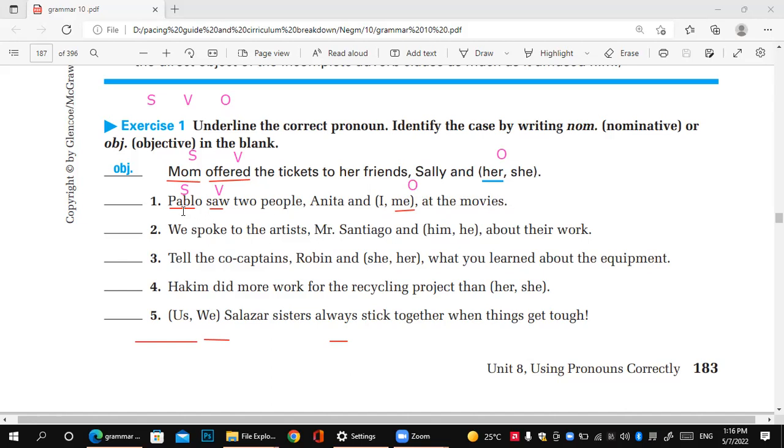Number two: we spoke to the artists, Mr. Santiago and him. Who spoke?